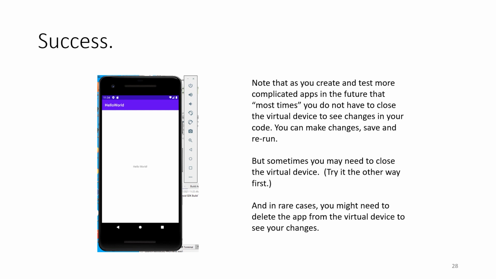We will occasionally, though, have to close the virtual device, but always try to do it without closing the virtual device first. And in some rare cases that I've seen, you may have to go and find the app on the virtual device and actually delete it.